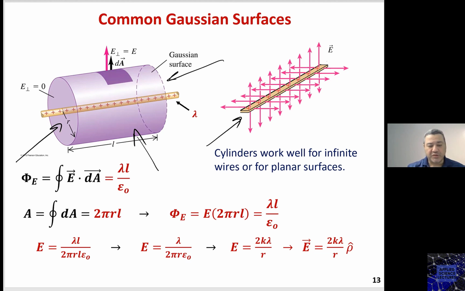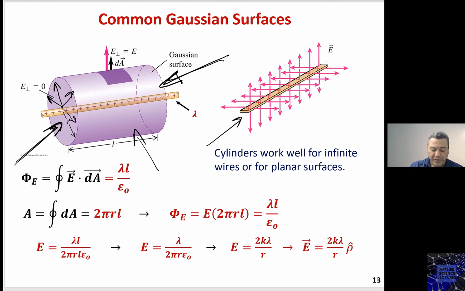However, when it comes to calculating the electric field, remember we said that the electric field on this shell would be uniform. Now, something to pay attention to is that the flux on this surface and this surface would be zero. Why zero? Because the electric field is parallel in all directions.